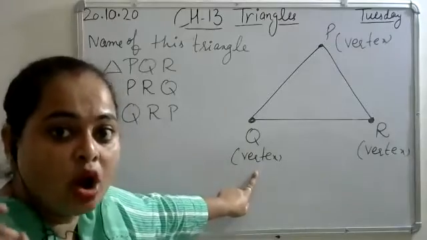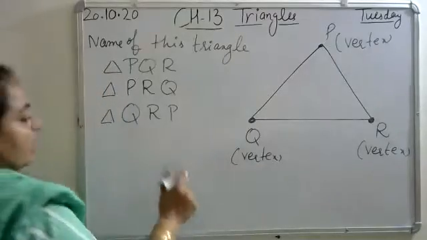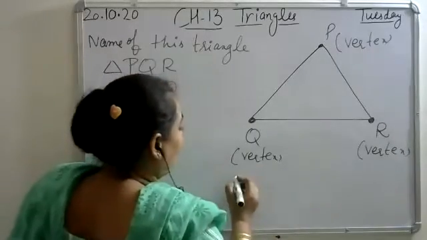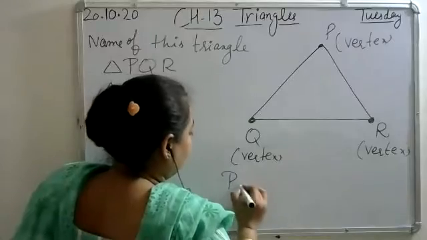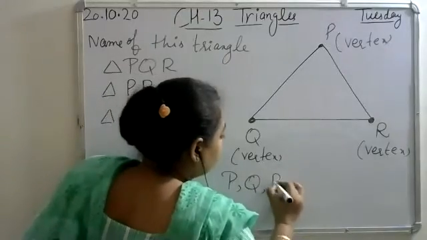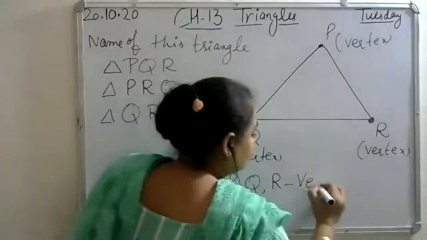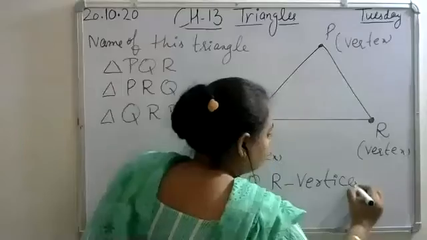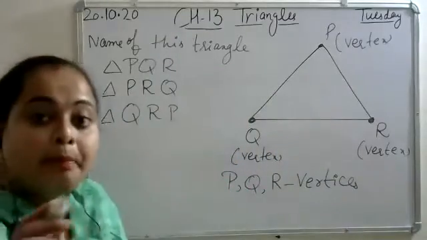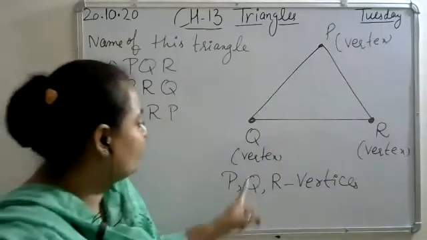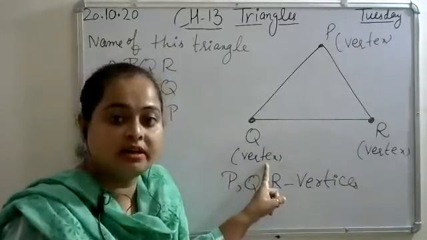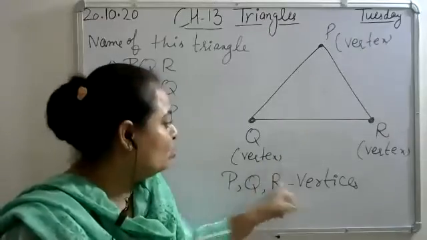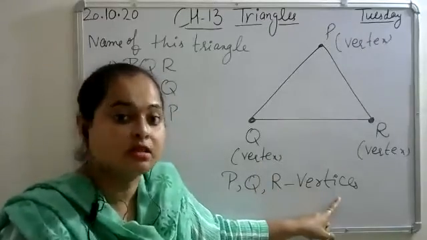This is your wish. And if you are referring to all three together, P, Q, R, you will write vertices. In the plural form, you will not use the word vertex; you will use the word vertices.